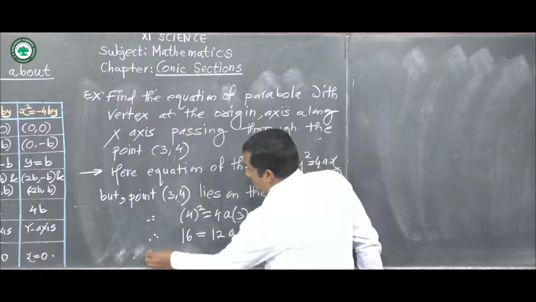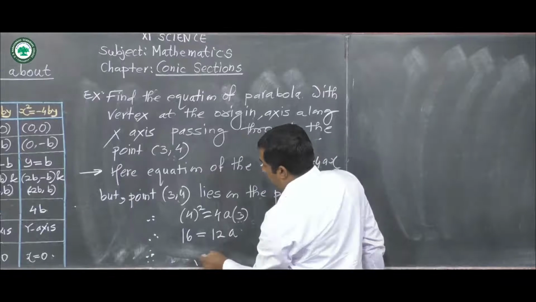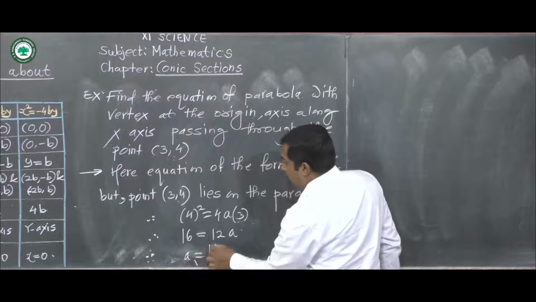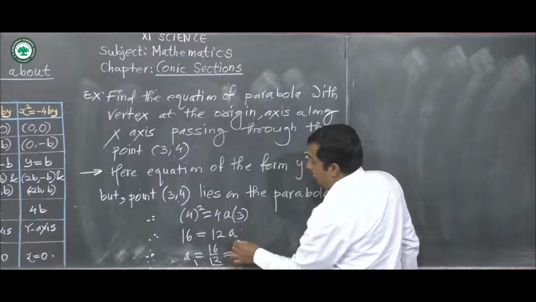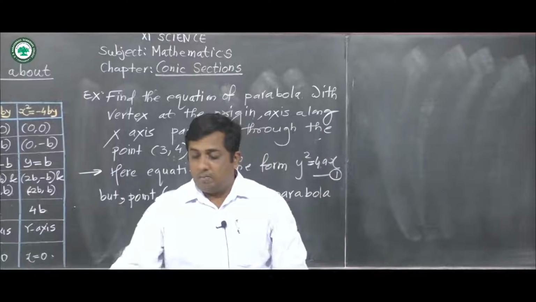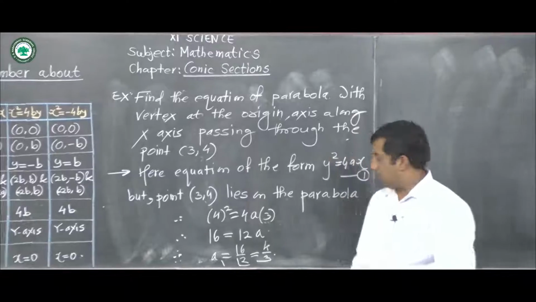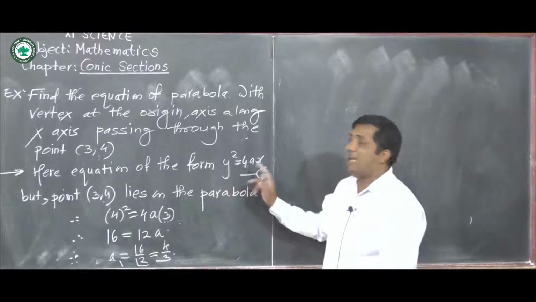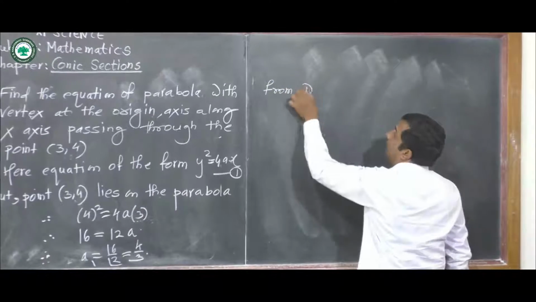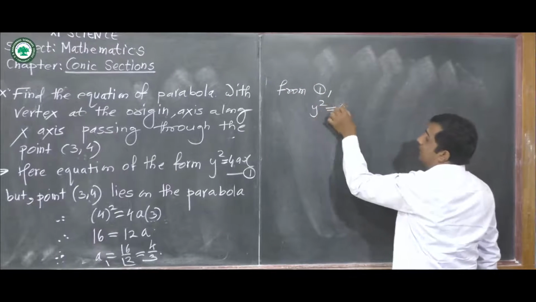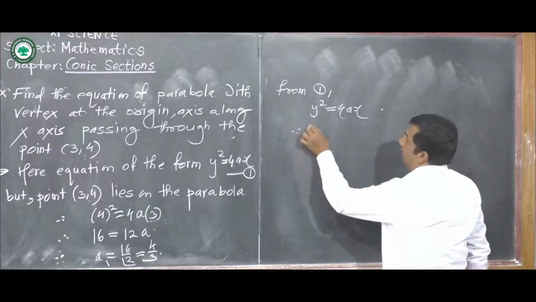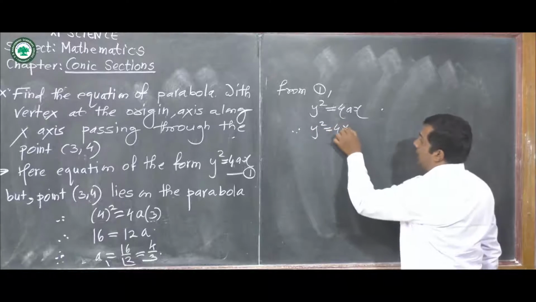Then here we get a is equal to 16 upon 12, which is equal to 4 by 3. A is 4 by 3. Okay, let's replace this value of a in the first equation. So from 1, here in the equation 1 given, y square is equal to 4ax. Here y square is equal to 4 into a.